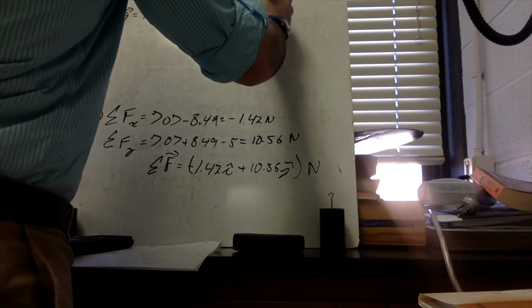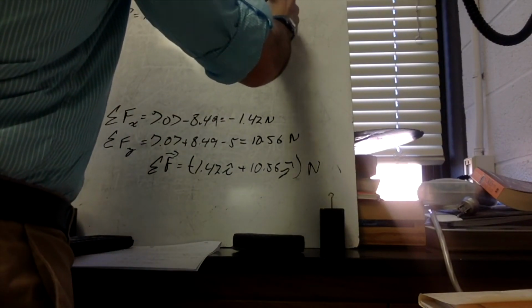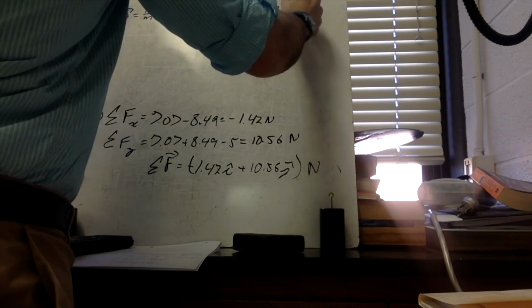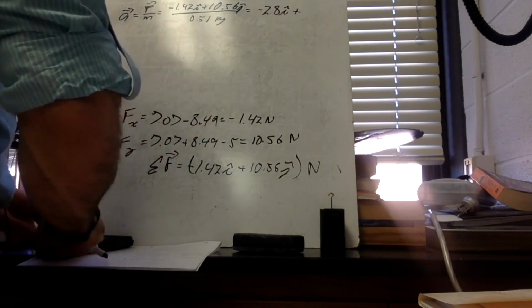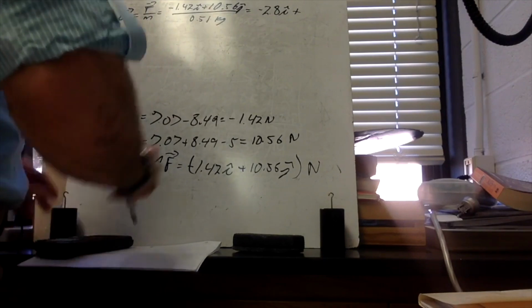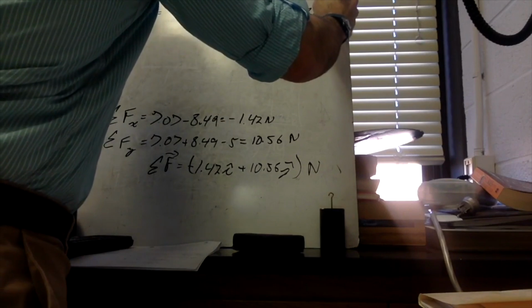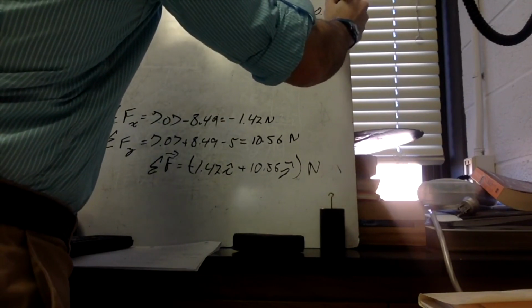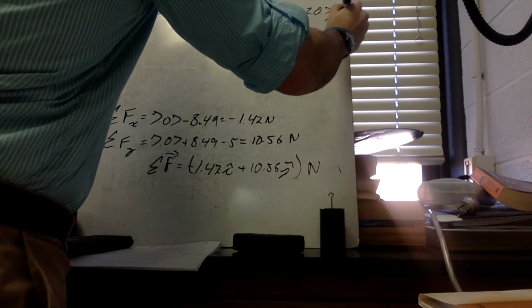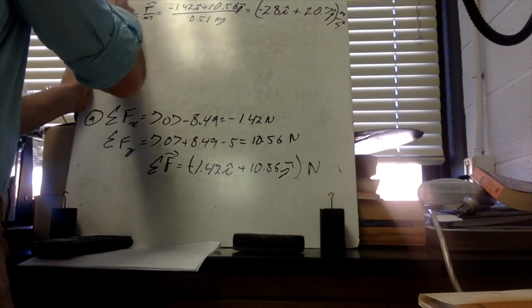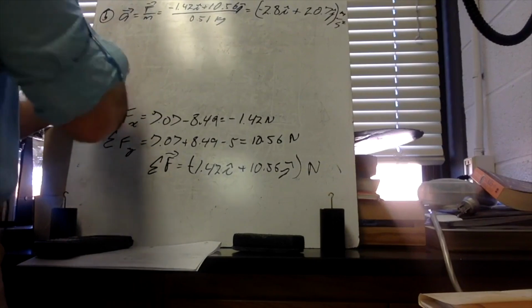So this is going to be negative 2.8 i plus 20.7 j meters per second squared. All right, so that's part B. And then part C asks for the equilibrant.